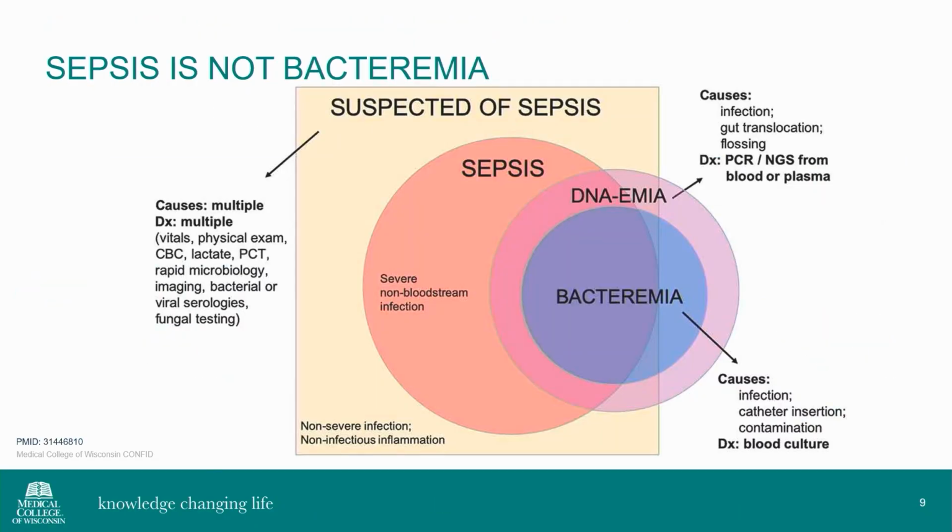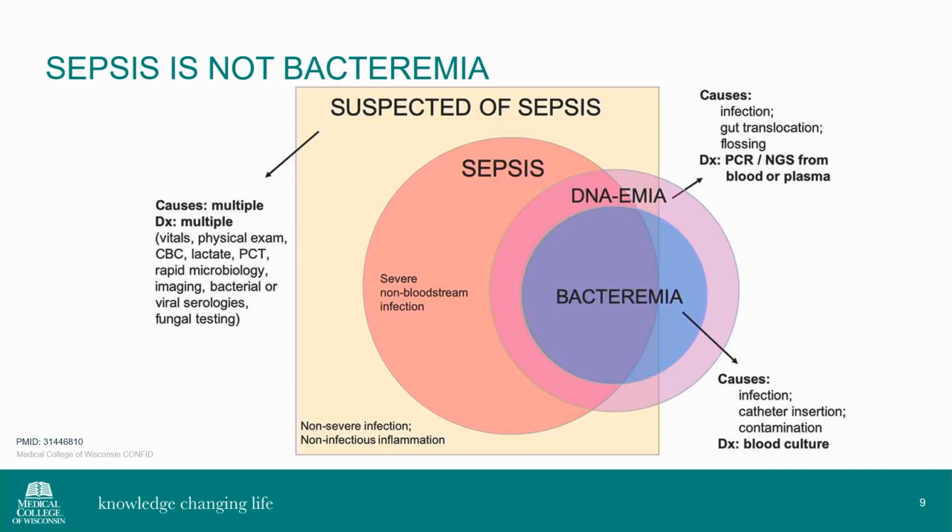Again, I want to emphasize that we have a group of patients that we suspect of having sepsis, with very nondescript symptoms, and we take our very terrible tests that we currently have. We've got this big group of people suspected of having sepsis. As we investigate these patients a bit more and understand their presentation, and what they may not have, we can narrow that down into the septic population.